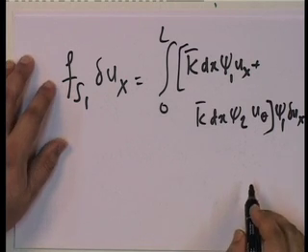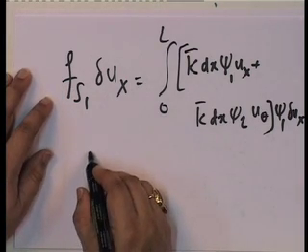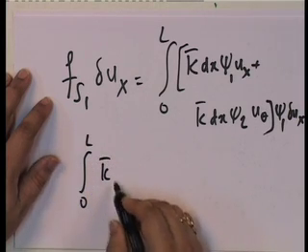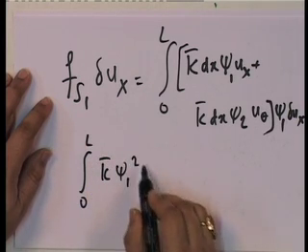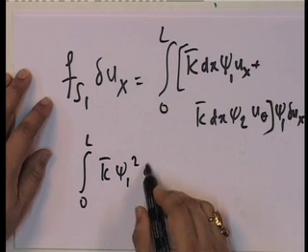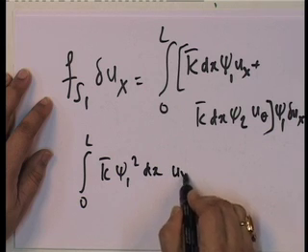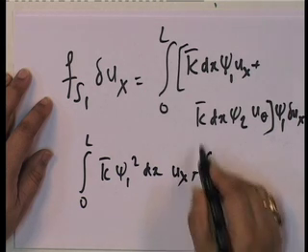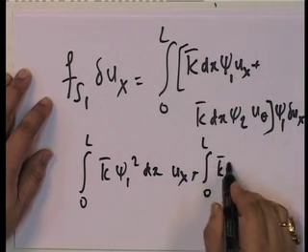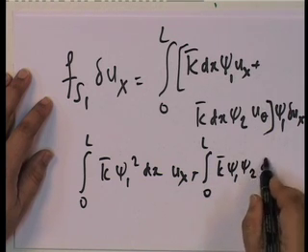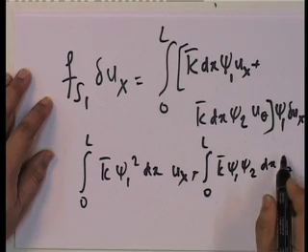So, the problem then becomes the following: 0 to L k bar xi 1 squared dx into u x plus 0 to L k bar xi 1 xi 2 dx into u theta.